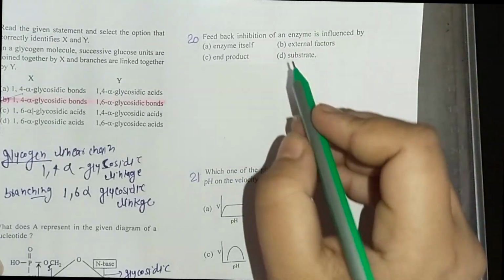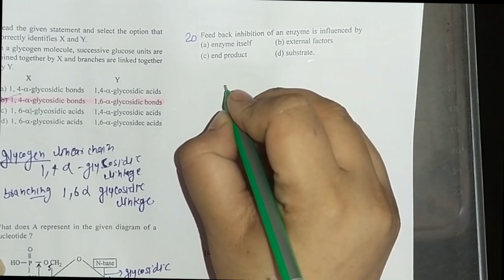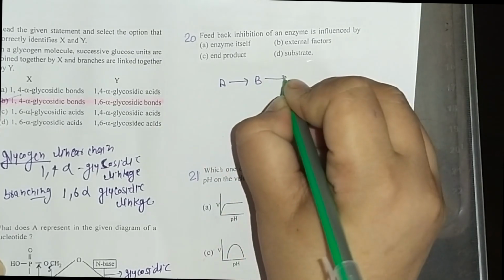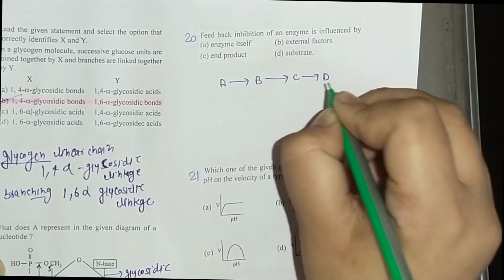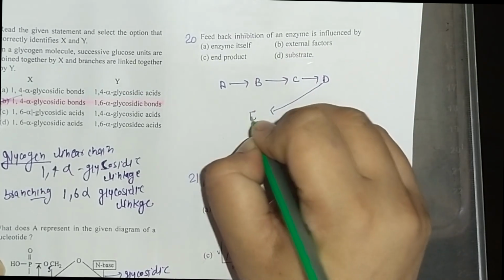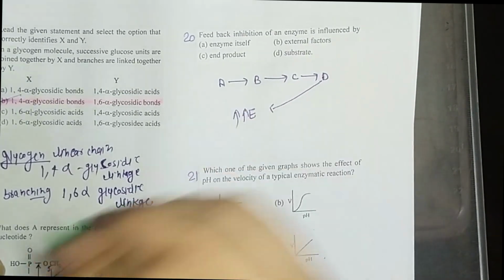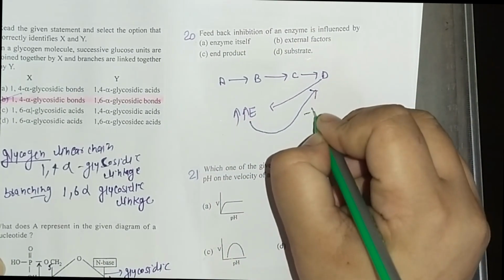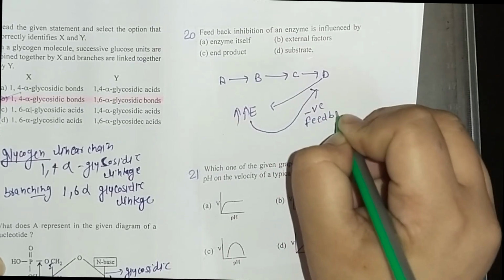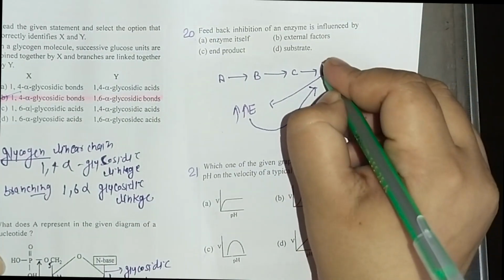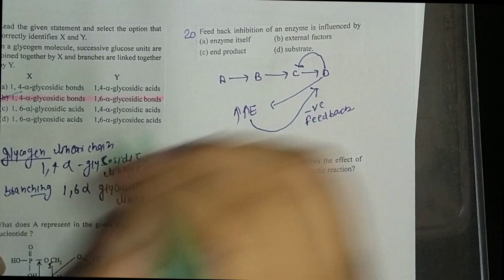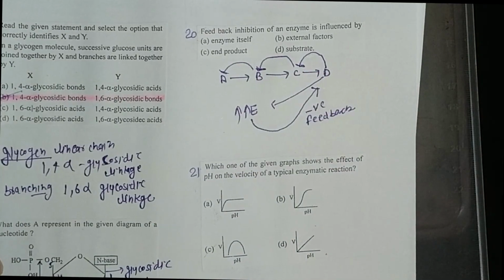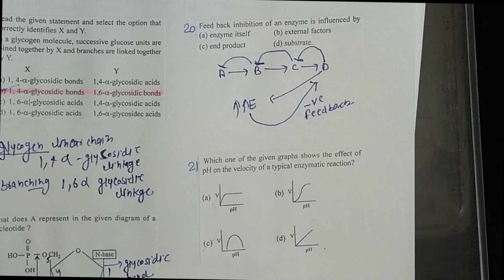Feedback inhibition of an enzyme. So see, if A is making B product, B is making C product, C is making D product, and D is making E product. If E product is too much formed, it will give negative feedback to D. Due to this, D will give negative feedback to C, C will give negative feedback to B, and B will give negative feedback to A. So what will happen?